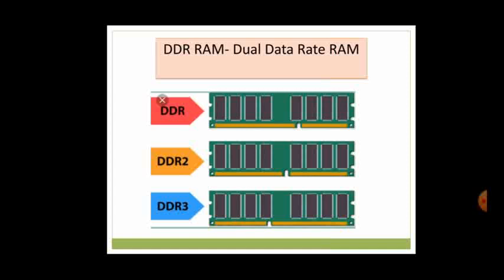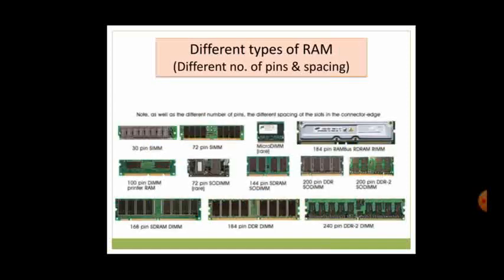That means if DDR1 has a certain data rate, the DDR2 will have twice the data rate of DDR1. The DDR3 will have twice the transfer rate of DDR2. Okay, so here you can see different types of RAMs, different number of pins and spacing between them.